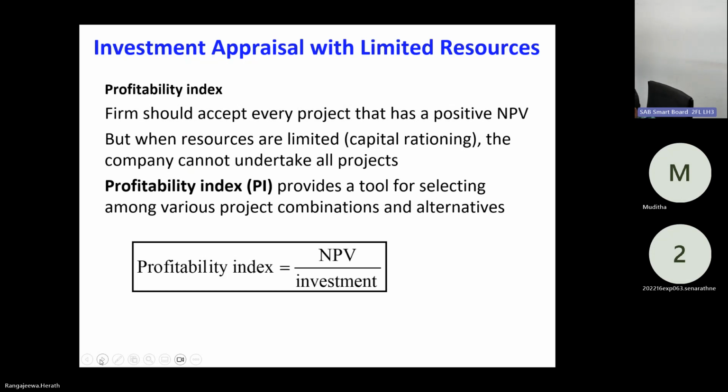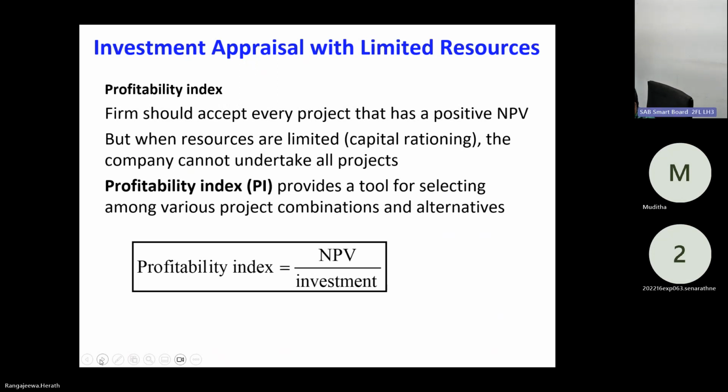If you accept a positive NPV project, shareholders' wealth will be increased. So when you go ahead with the shareholders' wealth maximization objective, you can recommend that all positive NPV projects should be accepted, assuming that there are no other non-financial constraints, right? No other non-financial factors could affect adversely. So a positive NPV project you can accept.